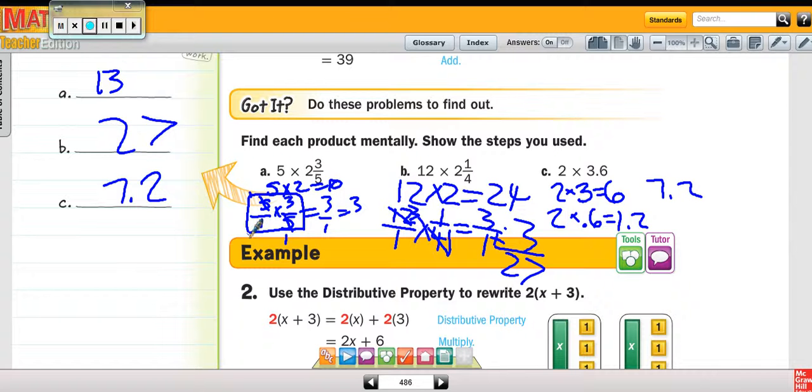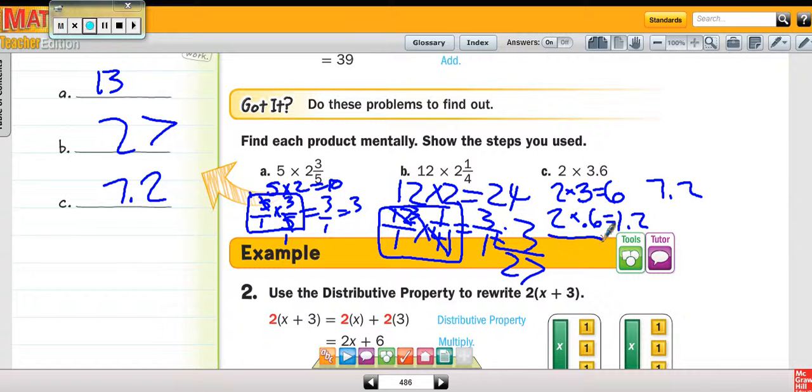Yeah, because if we have a group of 5 things and we're taking 3/5, aren't we taking 3? And here, if I had 12 times 1/4, well, 1/4 of 12 would be really just dividing 12 by 4, which gives us 3. And here, 2 times 0.6, I would just go 2 times 6 is 12, move that decimal back one place, then we get that 1.2.